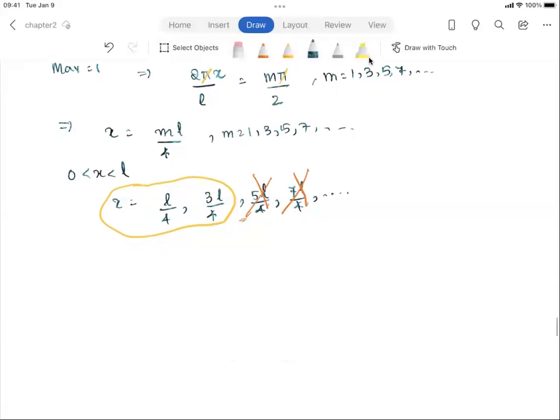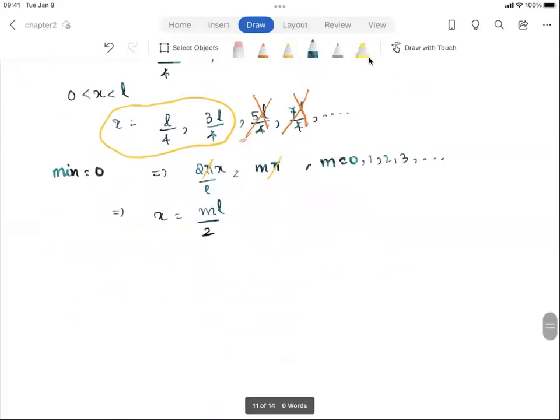Now, the minimum value you can observe is 0, right? That implies 2 pi x over L is going to be n pi. I'm going to cancel out pi again. That would give me x to be nL over 2.